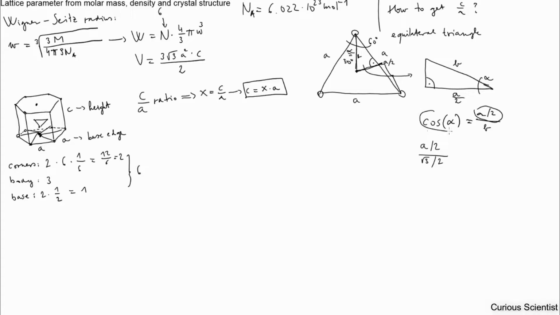So now we multiply by b and divide by cosine alpha, so this equals b. And then if we move forward a little bit and simplify the equation, then we get this.